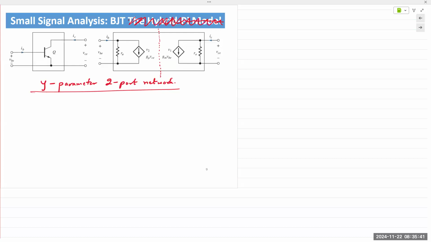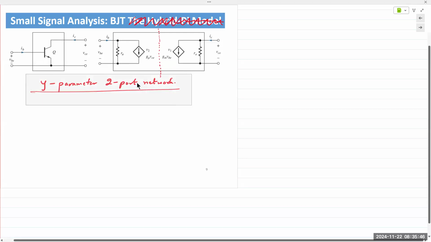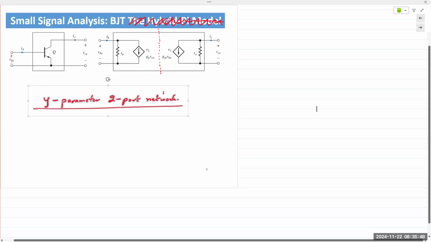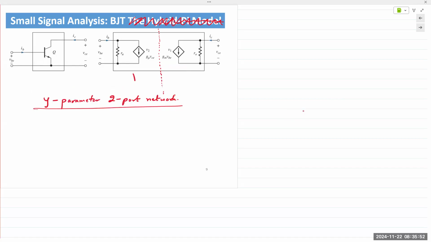So we have the input side on the left, and the output side. For a BJT, the input is the base, and the output is usually taken across the collector. And so on the input side, we have the base current and the base voltage, which is of course VBE.